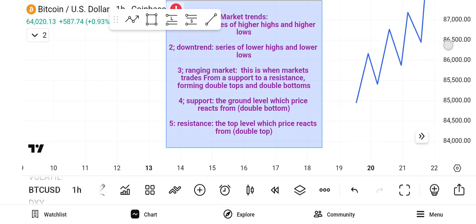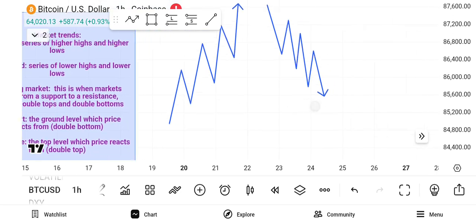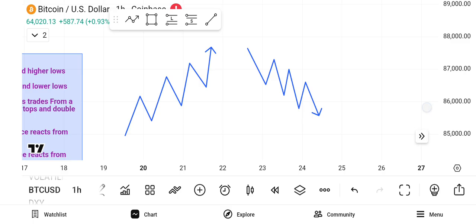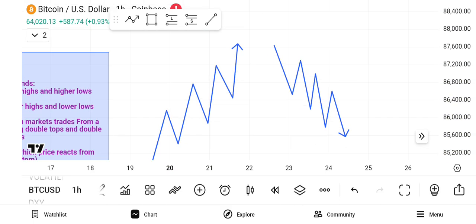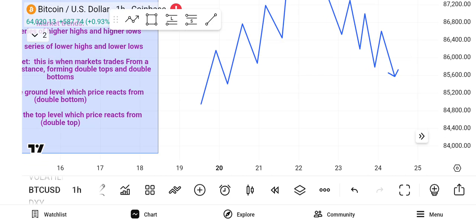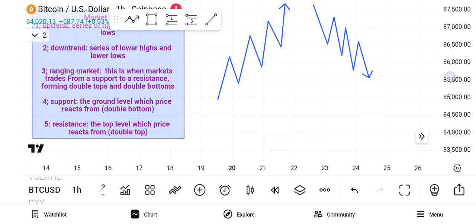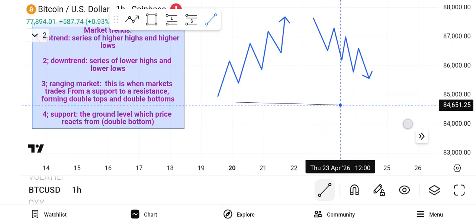Then we have the ranging market. Note, price action in these two trends are different. Price seems to be traveling upwards, while here price seems to be traveling downwards. Now, in the ranging market, one thing is obvious: price does not travel upwards or downwards.